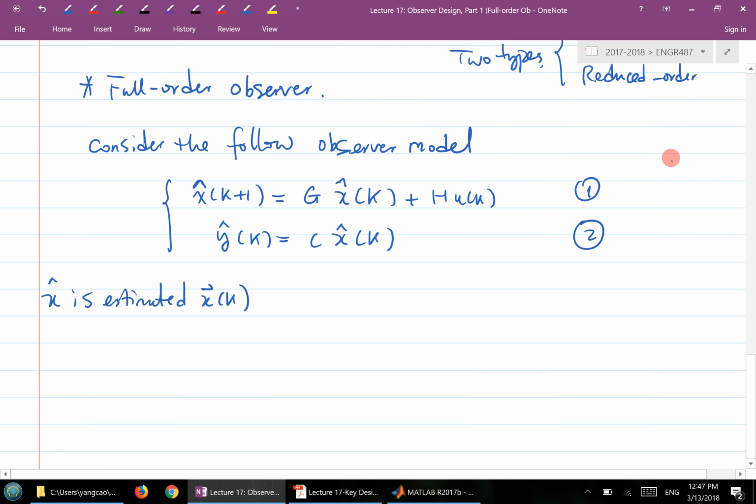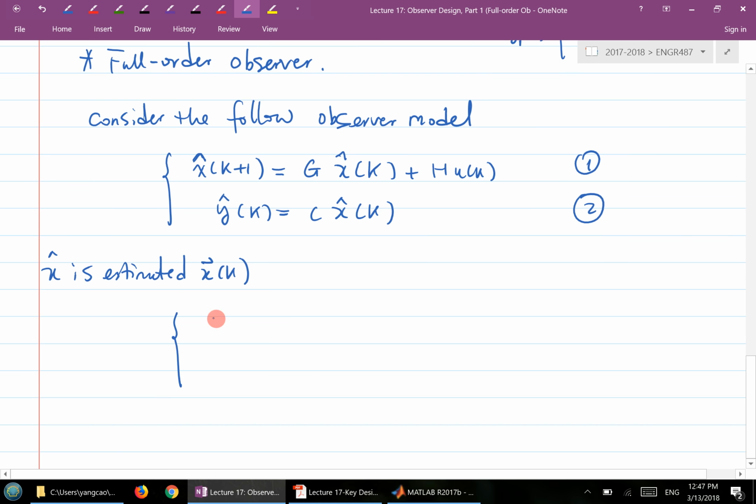So maybe let me write down the original system here. Let's call it equations 3 and 4.